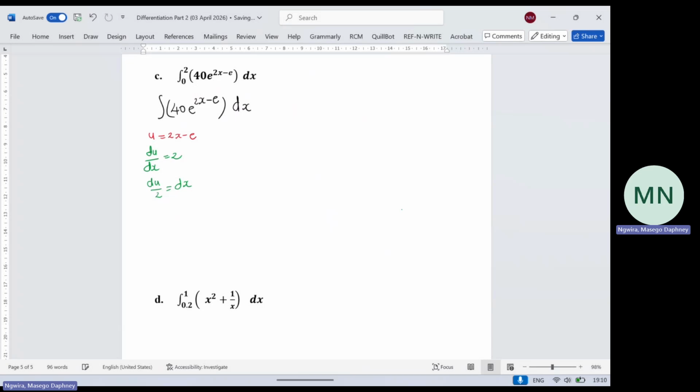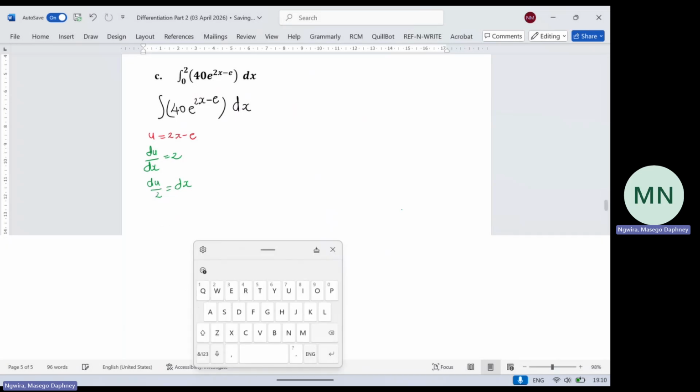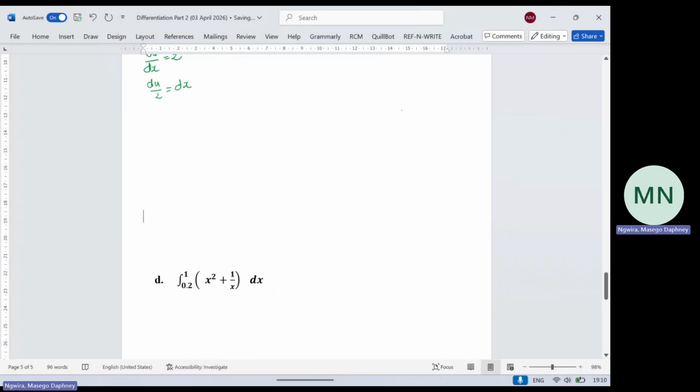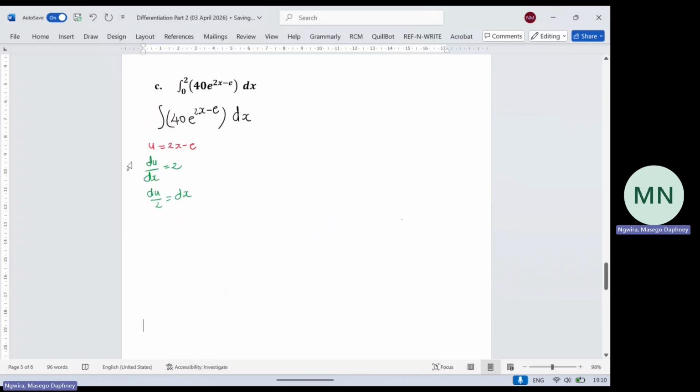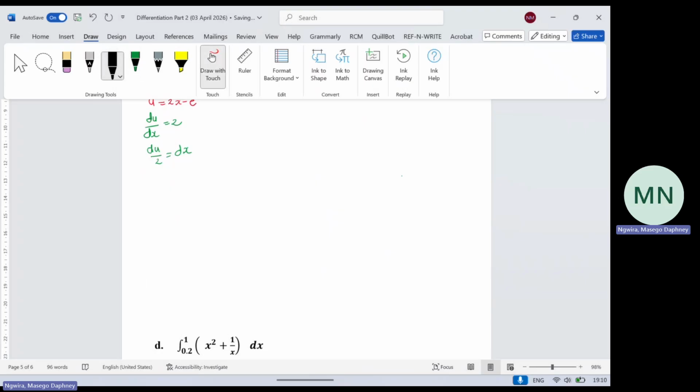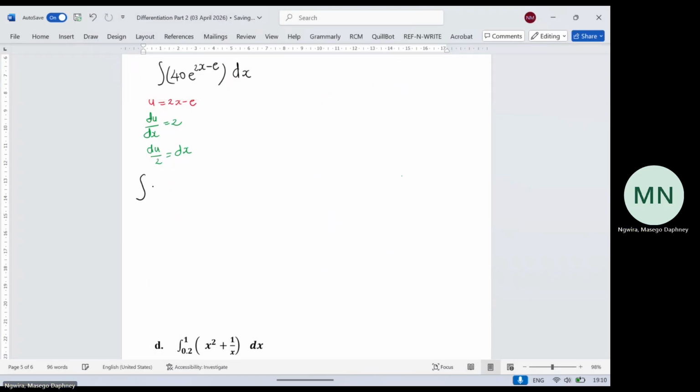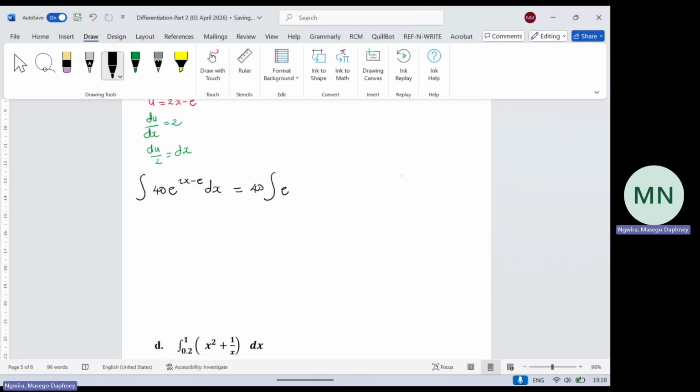Please don't forget. And after we swap, now we're going to integrate. So remember we're integrating before we can substitute the 0 and 2. So now I have the integral of 40 e to the power of 2x minus e dx. We take the 40 this side, and then we have the integral of e to the power of 2x minus e, which is u, if you remember.